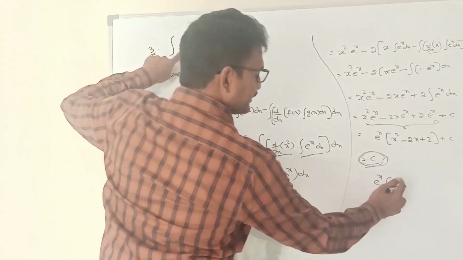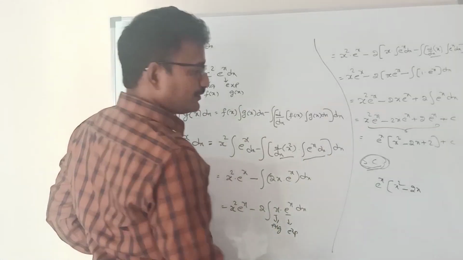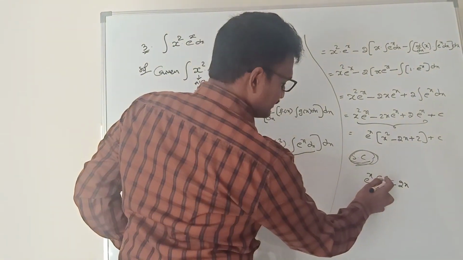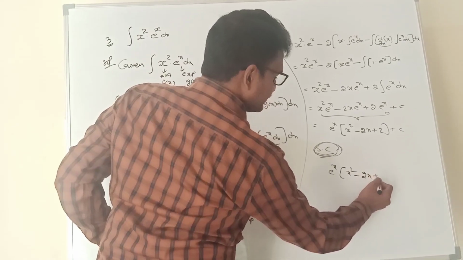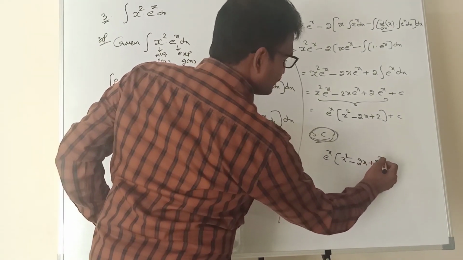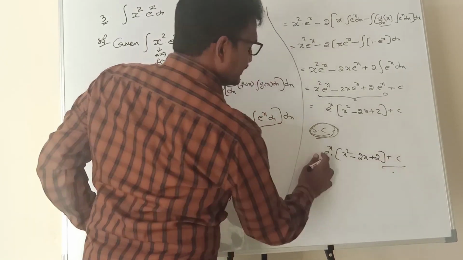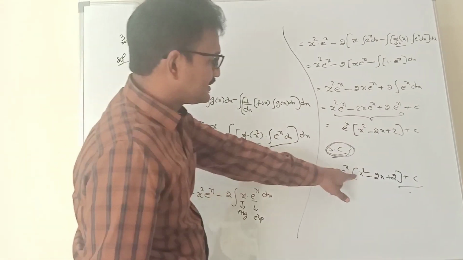The derivative of x square is 2x, with the first sign plus for this and minus for this. Next, the derivative of 2x is 2, plus constant. The derivative of x square is 2x, the derivative of 2x is 2, and change the sign.